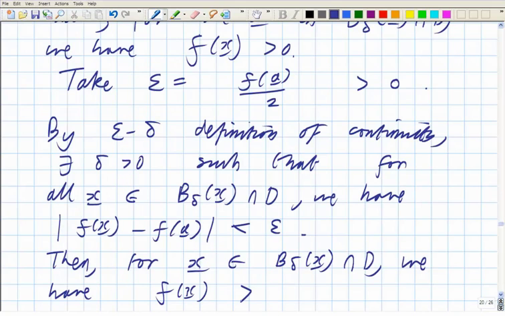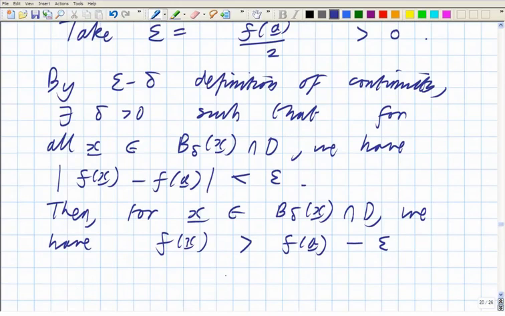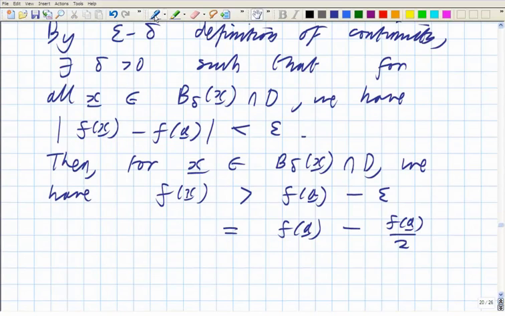So f of x is greater than f of a minus epsilon, which is equal to f of a minus, but epsilon was a half of f of a, which is, again, f of a over 2, which is still positive.